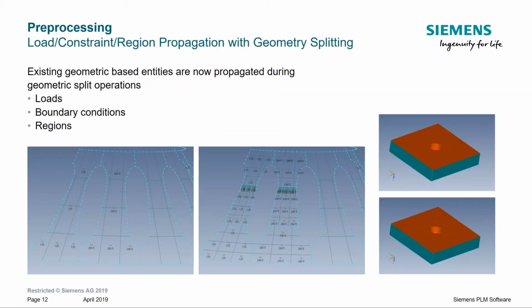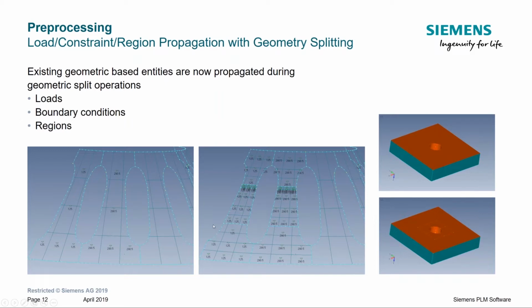One of the new things we've added in preprocessing is the ability to maintain loads, boundary conditions, and connection regions when doing geometry splitting in the meshing toolbox. This little picture shows you some loads on a bunch of surfaces. You can see a force of 125 on one surface, 290.5 on another, and some splitting has gone on.